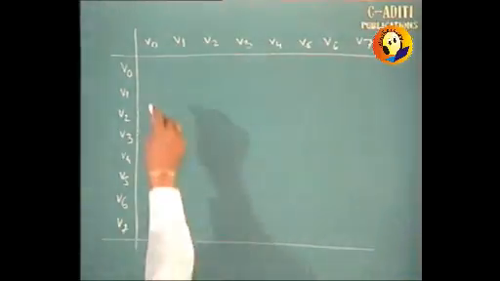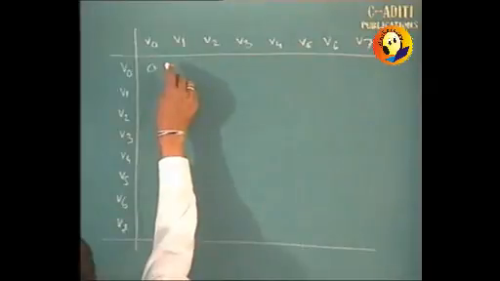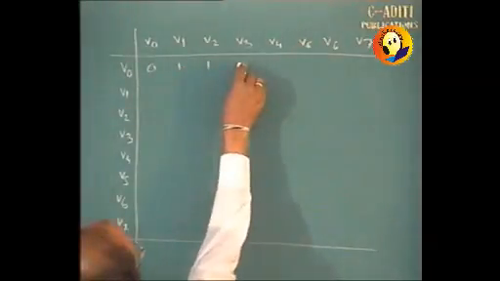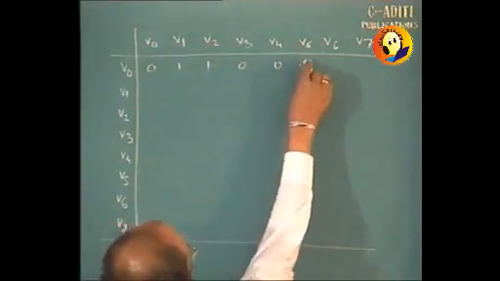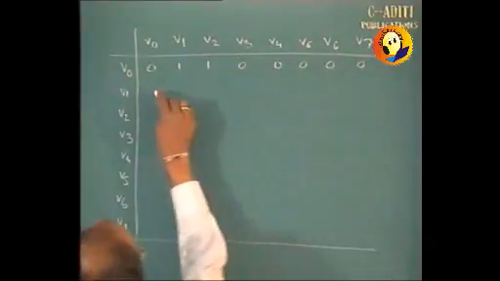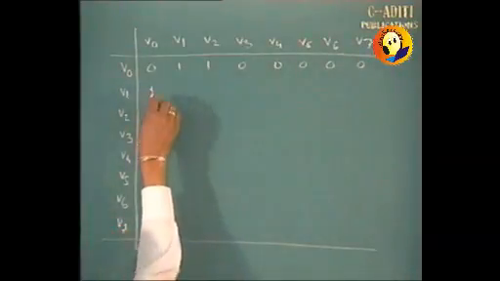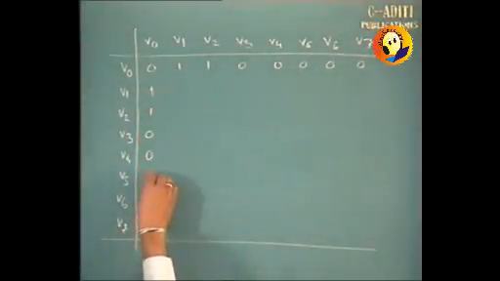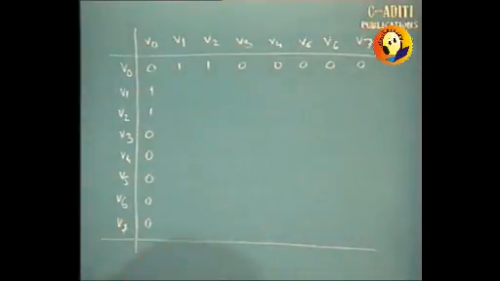So there are edges from V0 to V1 and V2. From V1 it is V3, V4.